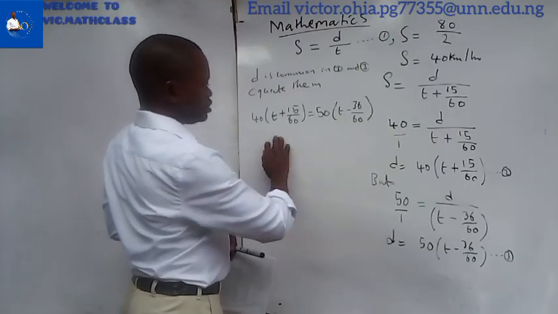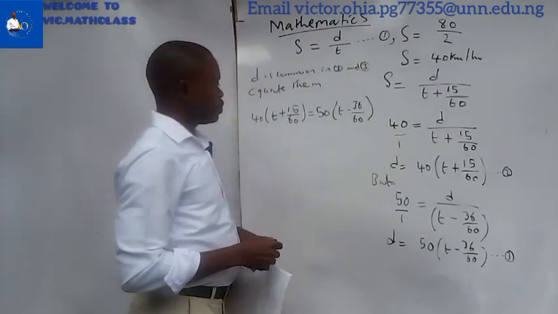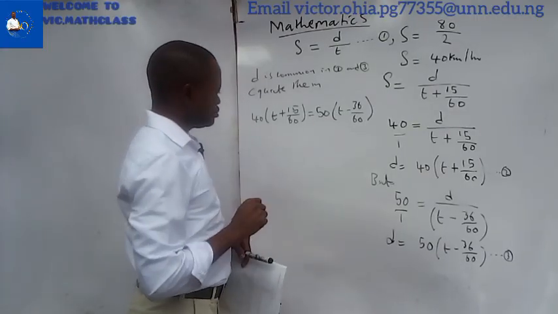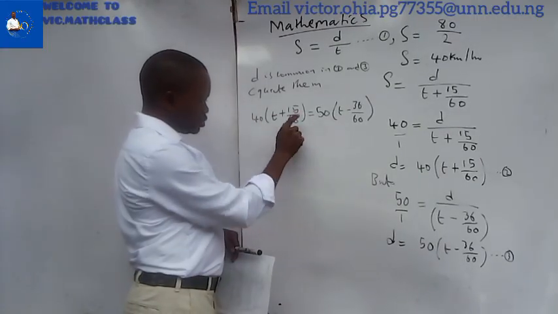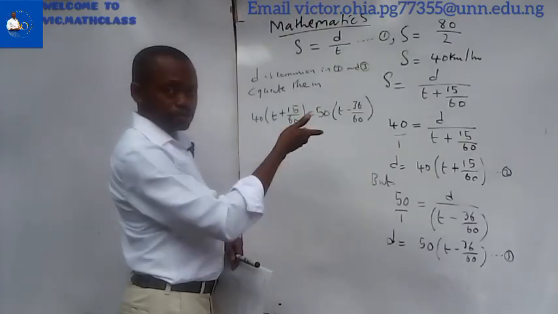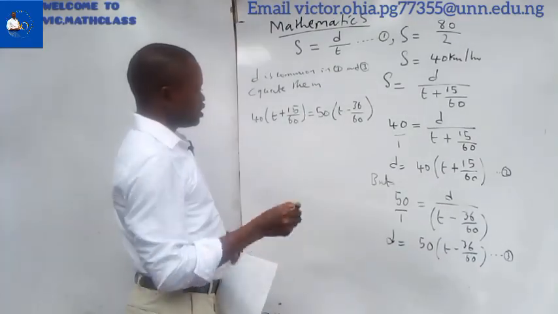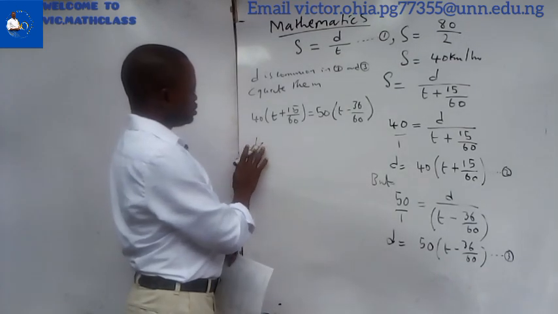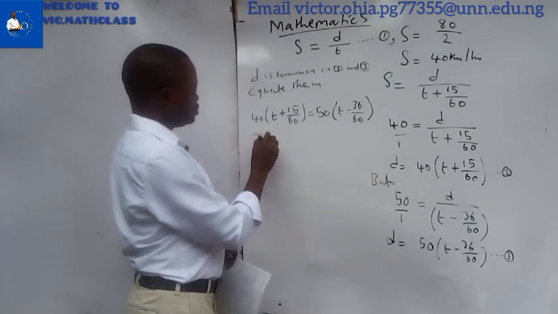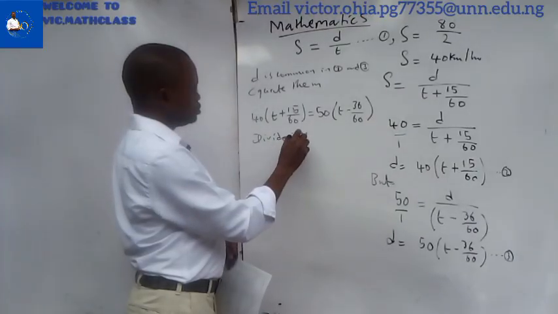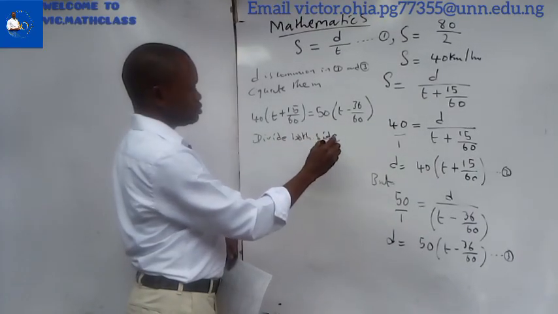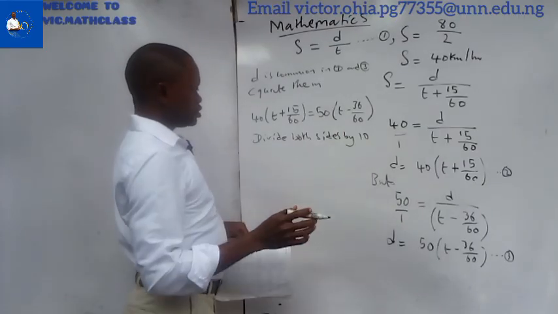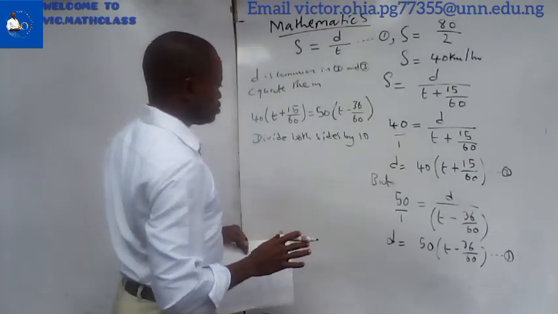I want to simplify this now and get t, but to make these figures manageable, permit me to take away 0 here and 0 here. That is, divide both sides by 10. Simple. There's nothing special about it. You can continue, but I want to make my figures manageable.